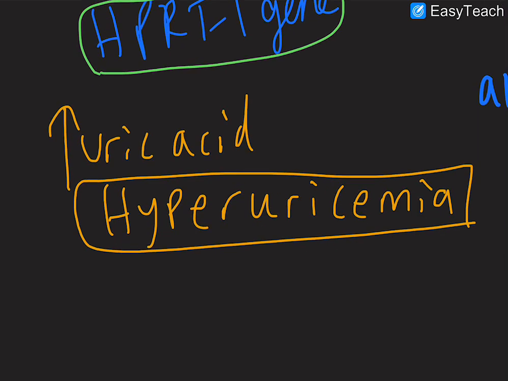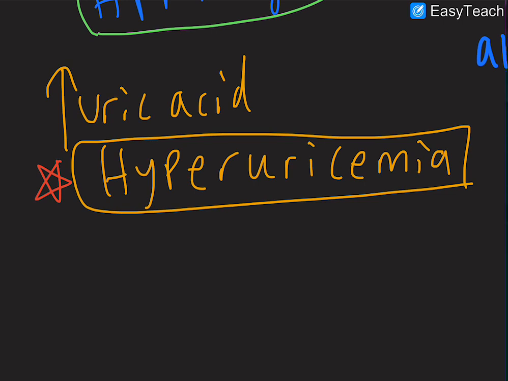So there are specific findings that we need to be familiar with, and one of them is hyperuricemia. We can progress on this topic further. If you have elevated uric acid levels, that puts you at a higher chance of uric acid crystals depositing into your joints, which we know as gout.